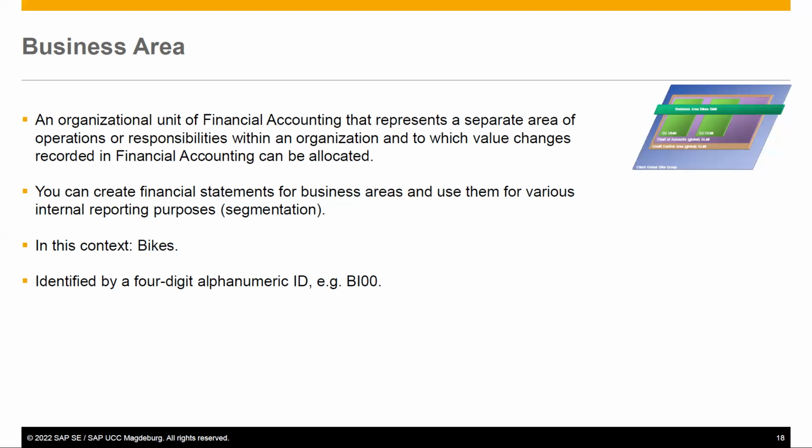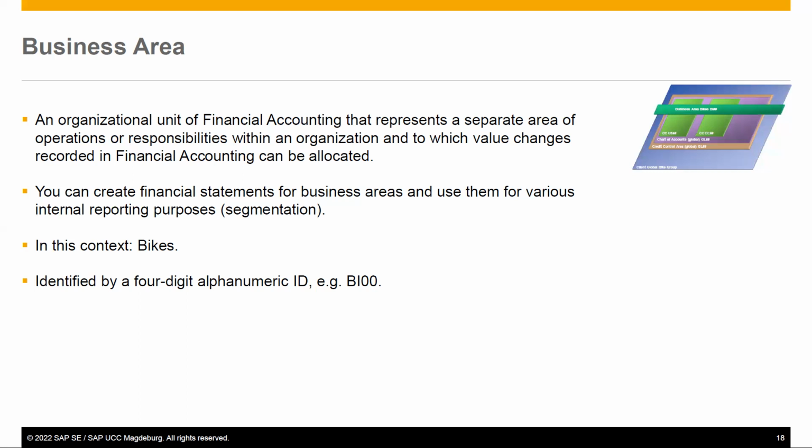I cannot see separate profits. I will see the overall business profit. I'm making maybe 1 million, but I will not know how much of that 1 million is the contribution of the flower business, the car business or the bicycle business. But if I have created business areas for all those 3 products, then yes, I can see the profitability from flowers and the profitability from cars or bicycles.